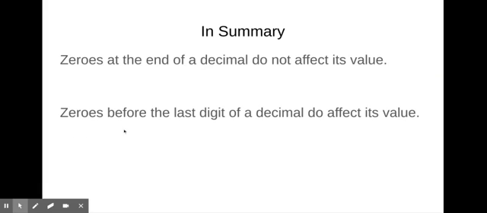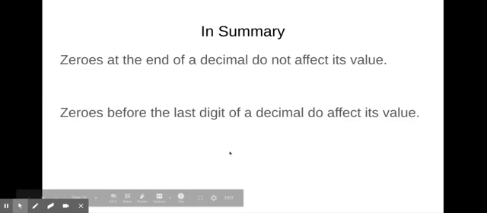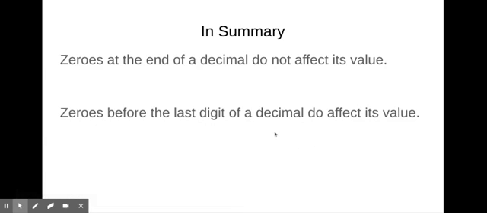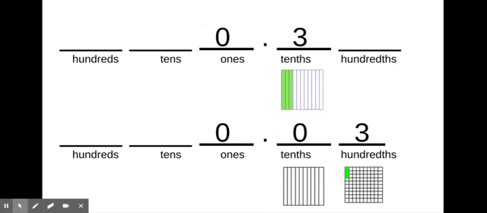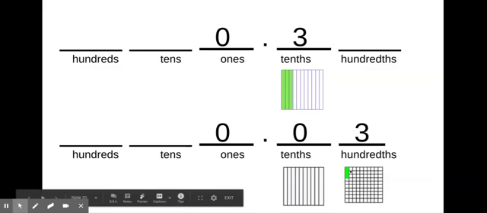On the other hand, zeros before the last digit of a decimal do affect its value. So for this part, you can think about these two decimals here. 3/10 looked like this, but 3 hundredths had a much smaller piece colored in.